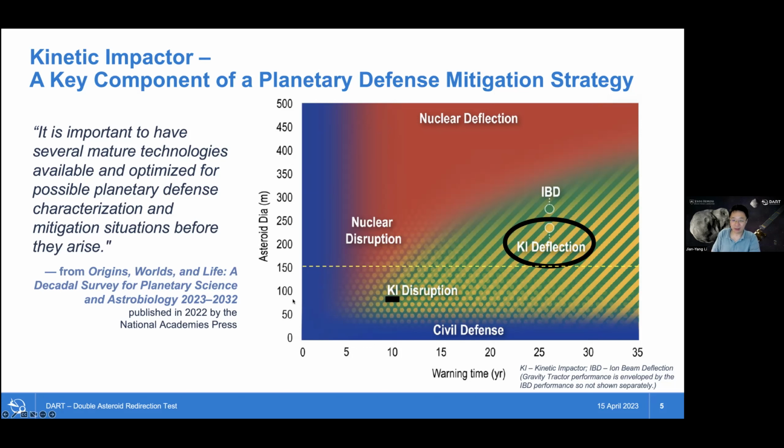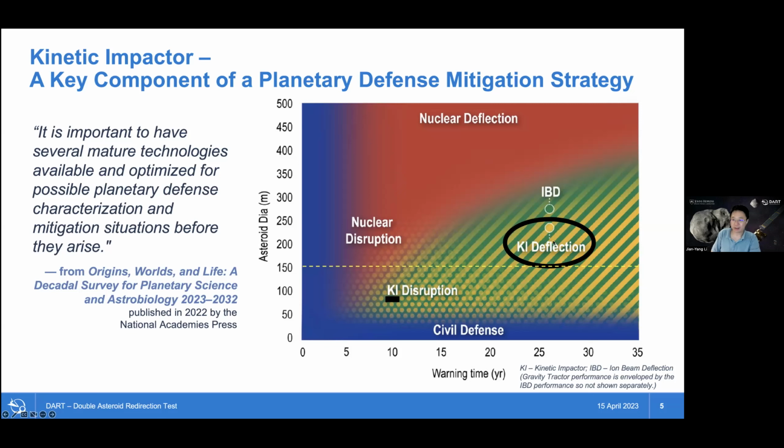And if the asteroids are really small, smaller than 50 meters or 30 meters, it will not actually hit the Earth. It's going to burn up and explode in the air at very high altitude, so we don't have to do anything either. And DART fits into the kinetic impact deflection category.